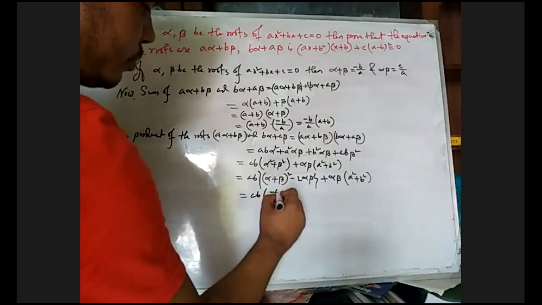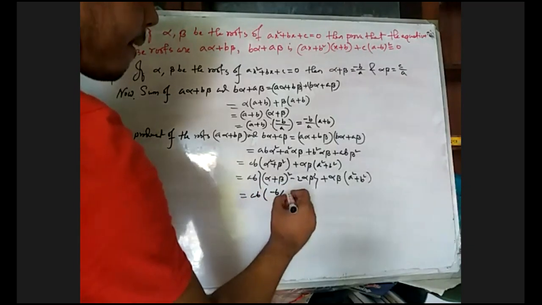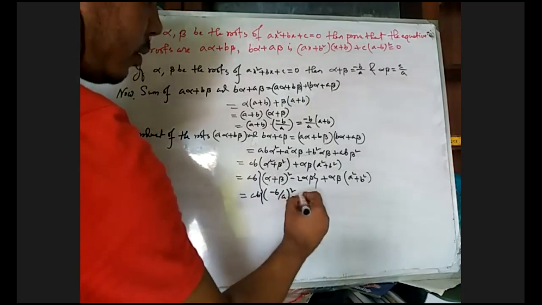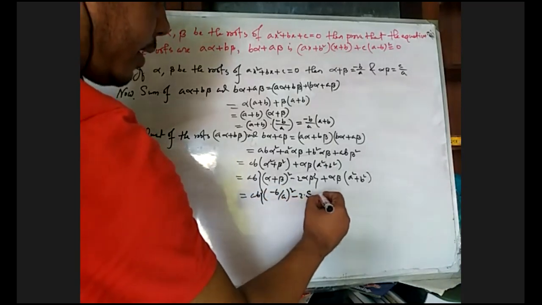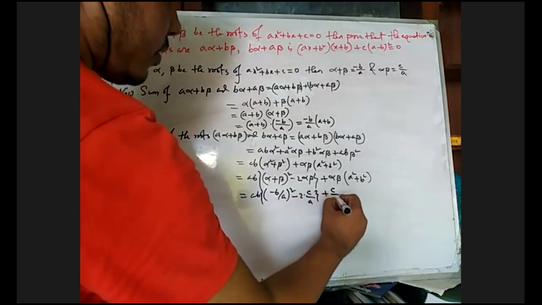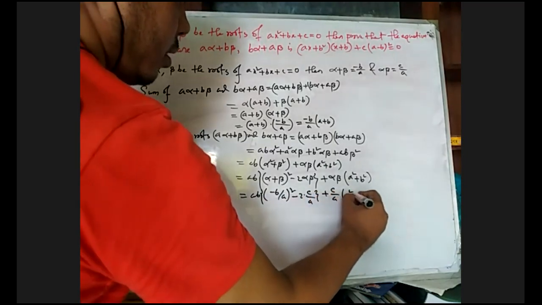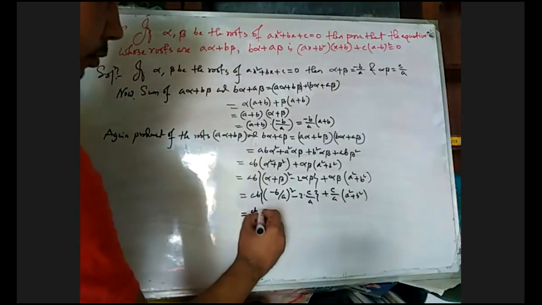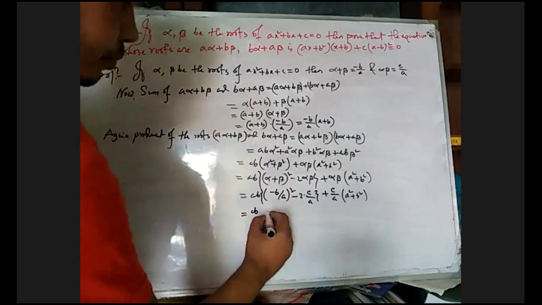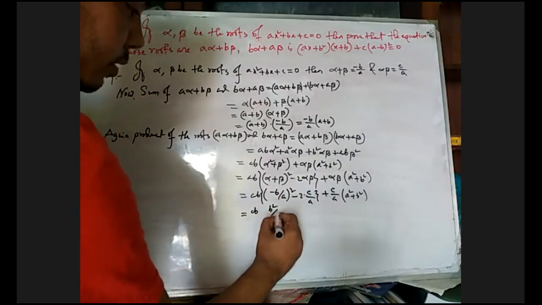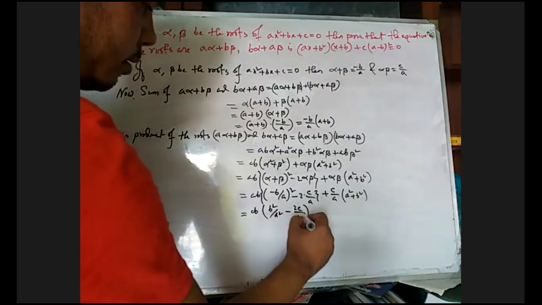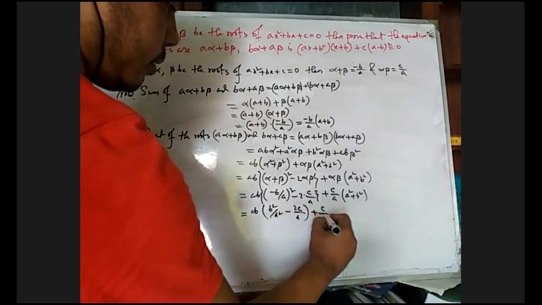Alpha plus beta is minus b by a, whole square, minus 2 into c by a, and alpha into beta is c by a. So b square by a square minus twice c by a plus c by a.